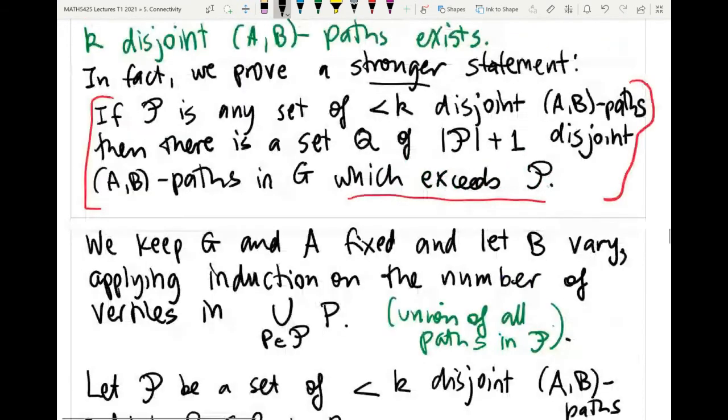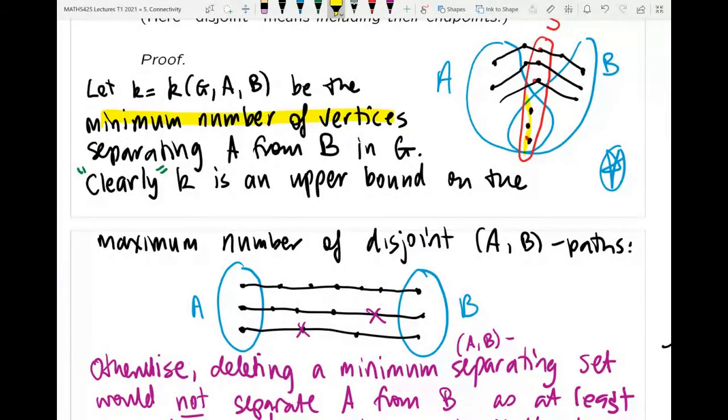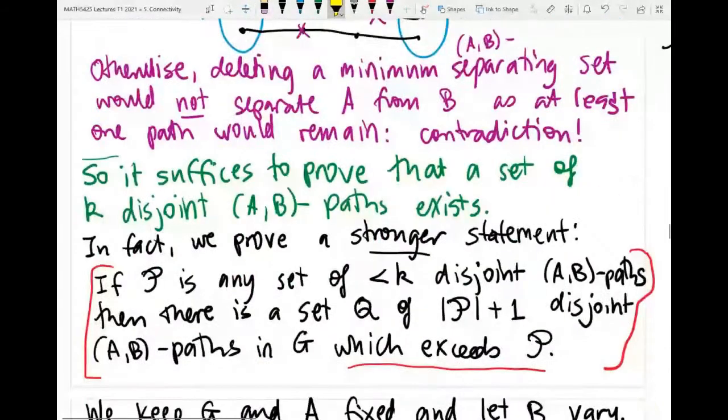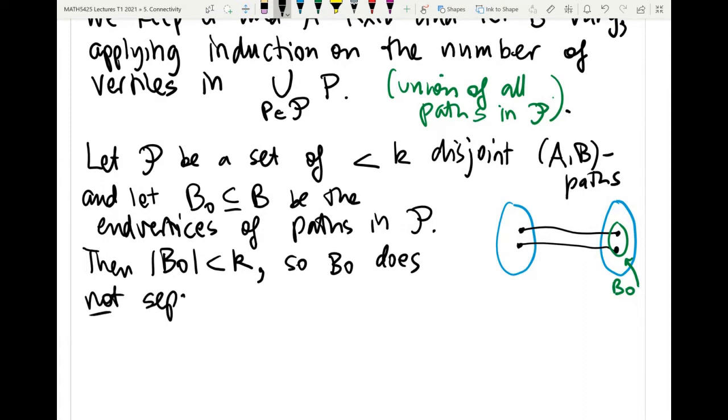Here we go. K is the minimum number of vertices separating A from B in G. But B naught is not that large. So what does that tell us about B naught? That's exactly right. It doesn't separate. So B naught does not separate A from B in G.